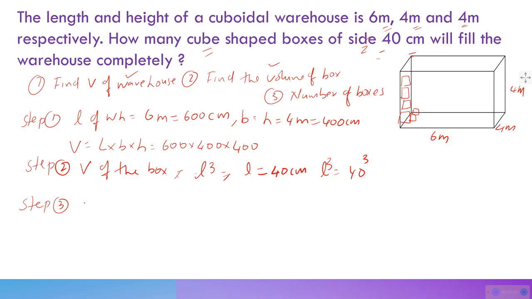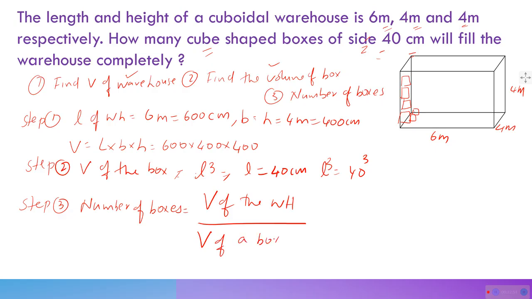So what we will write, number of boxes that can be kept inside, is equal to volume of the warehouse divided by volume of a box. We have not calculated, but we will put it here. Volume of the warehouse is nothing but 600 into 400 into 400. And that of a box is equal to 40 cube, means 40 into 40 into 40.